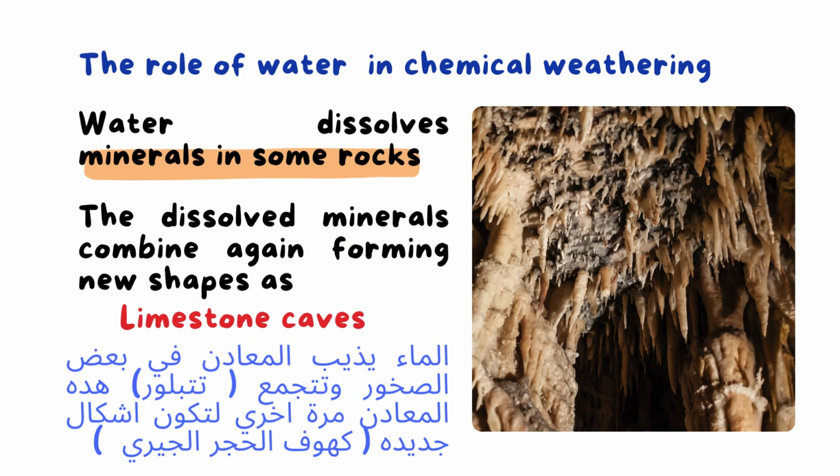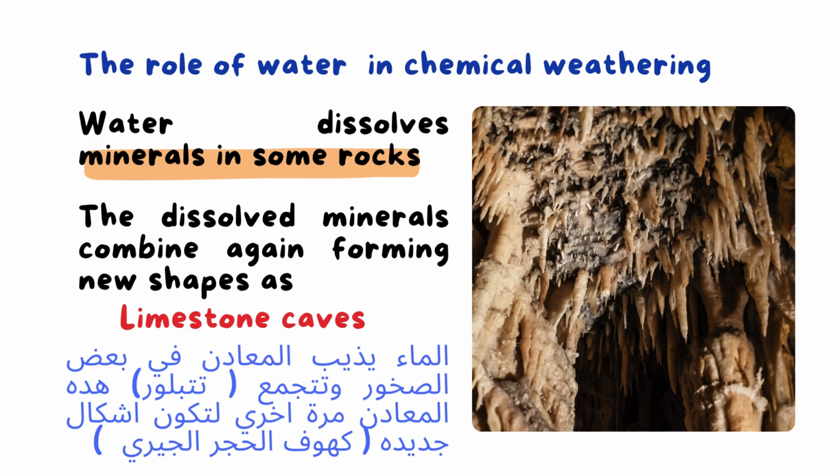Second one, we have the role of water in chemical weathering. Water dissolves minerals in some rocks, and as the dissolved minerals combine again, they form new shapes of limestone caves. Okay, we will explain this.